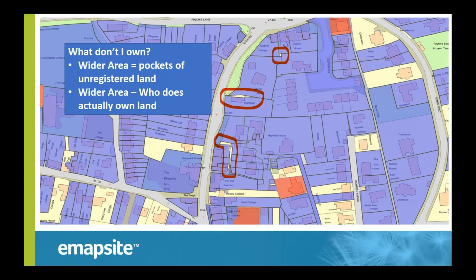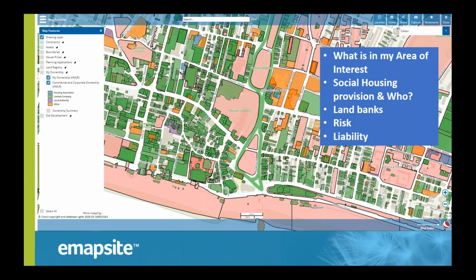Okay. Another area we look at is what is actually in my area of interest. On the next slide, we'll go back to the Brighton example, where, if you're a local authority, you can look into your whole area itself. So what is in my local area? What's the social housing provision like in my area? How many social houses are there?